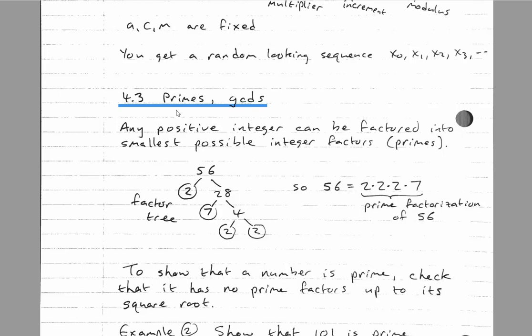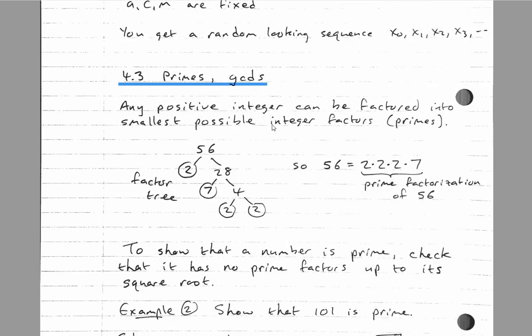Then we looked at factoring numbers in more detail. So any positive integer can be factored into its smallest possible pieces, its smallest possible integer factors. Those are the primes. For example, 56.